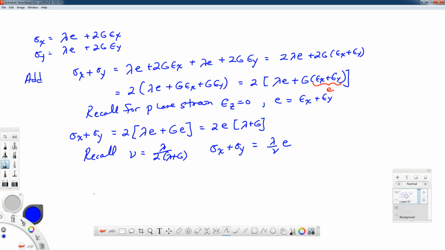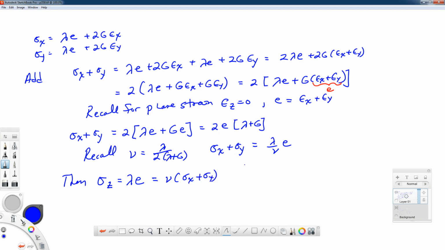Now if we wanted sigma z, which is a constant, sigma z is lambda times little e, and so we can also express this then as Poisson's ratio nu times sigma x plus sigma y.